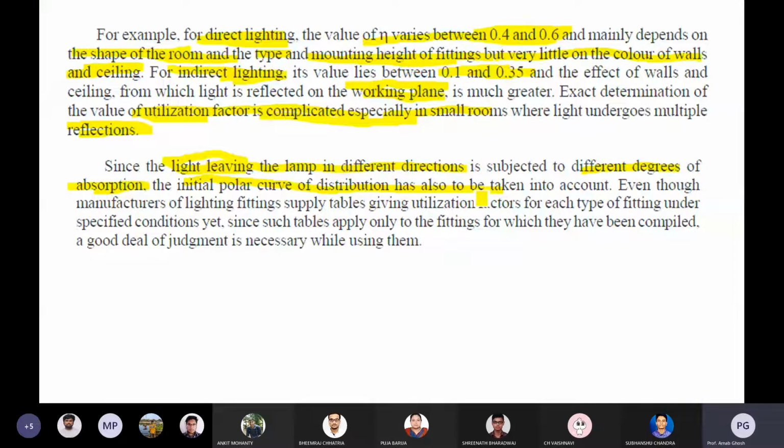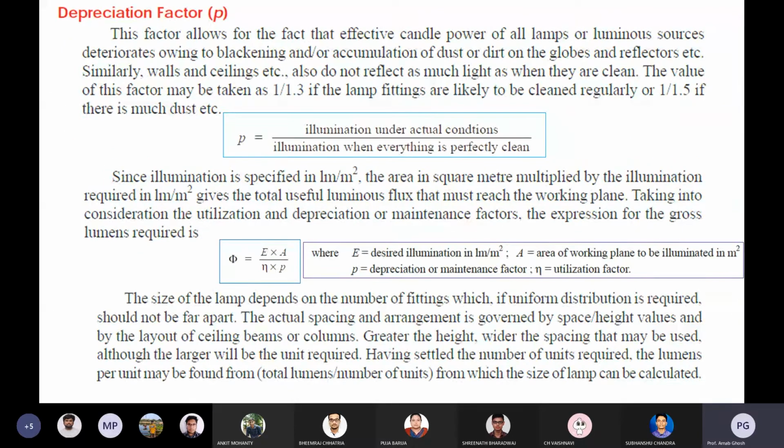Now another important factor, the depreciation factor. From the name you can understand that depreciation means what happens to your system over time. It is a ratio: the illumination under actual conditions to the illumination when everything is perfectly clean.